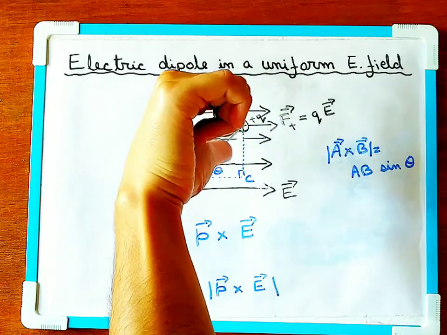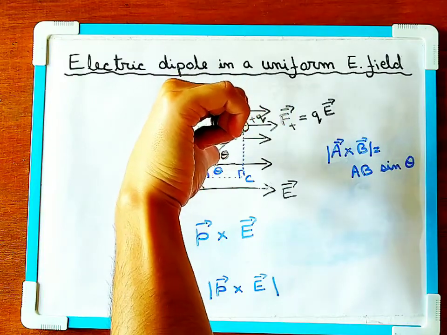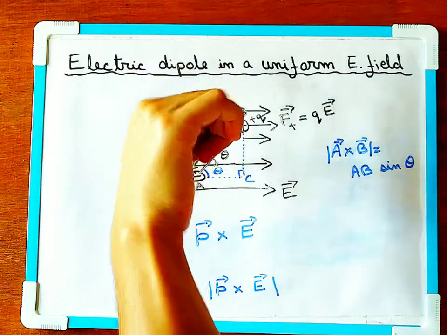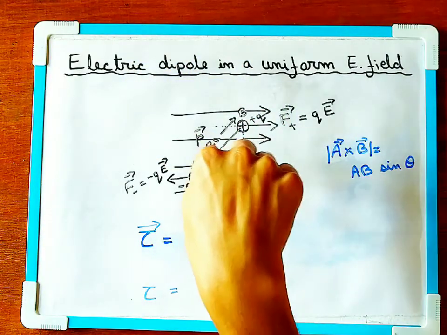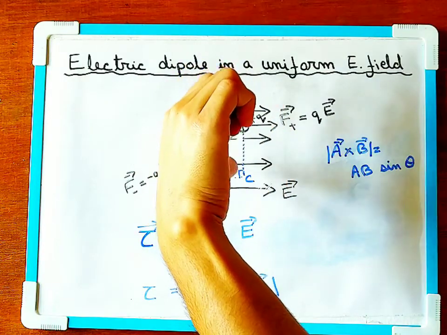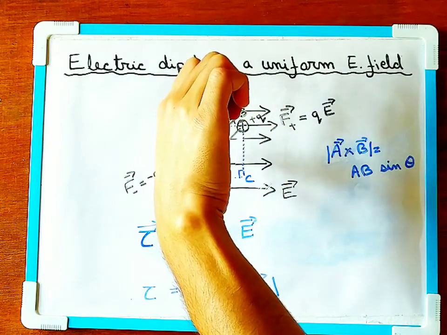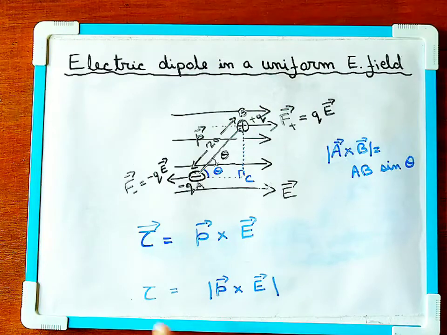So your torque in this case will be downwards, or towards the plane of this paper, or the plane of this board. So your torque tau in this case will be directed inwards, perpendicular to the plane of P and E. That is the direction of your torque.